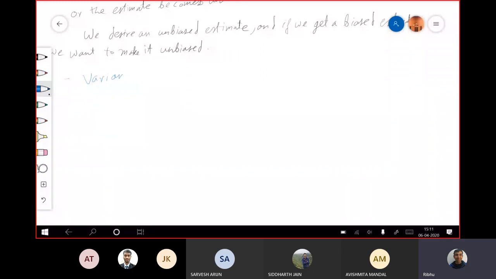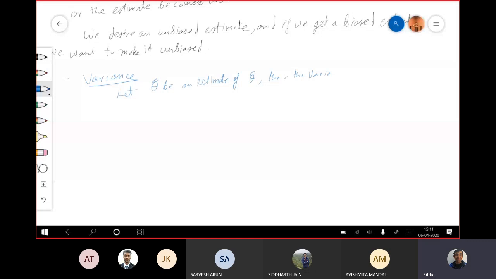Let theta hat be an estimate of theta, then the variance of theta hat is the expected value of theta hat minus theta, whole squared.